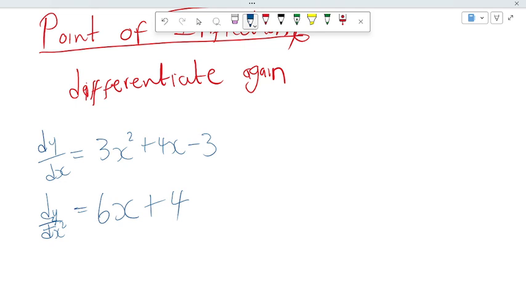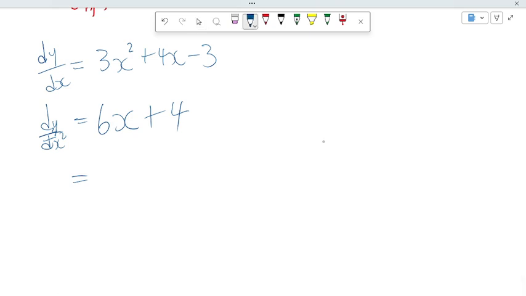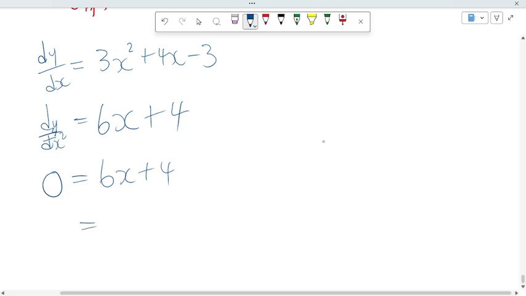Then again you equate it to 0 and solve for x. You're going to find that x is equal to negative 2 over 3. That's how you find the point of inflection for x.